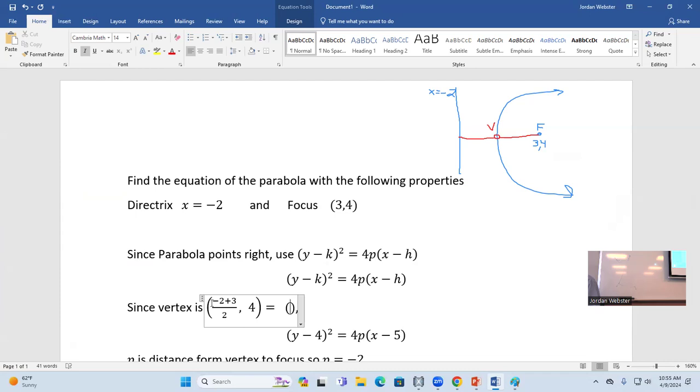If we calculate that, obviously the y value is 4, and -2 plus 3 divided by 2 gives you 1/2, or 0.5. So it's (0.5, 4).